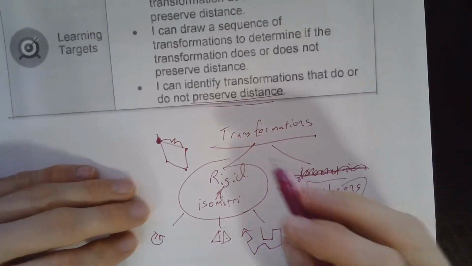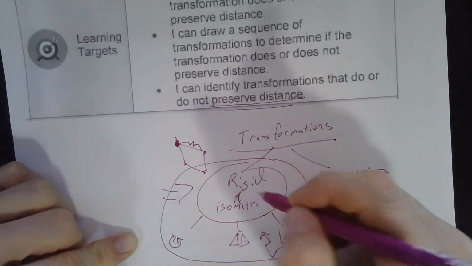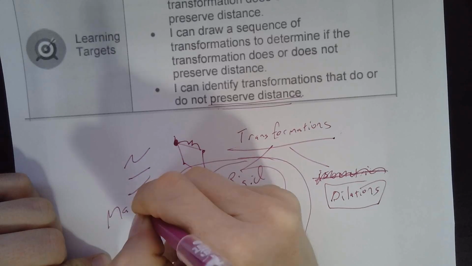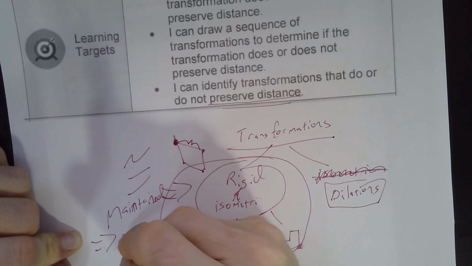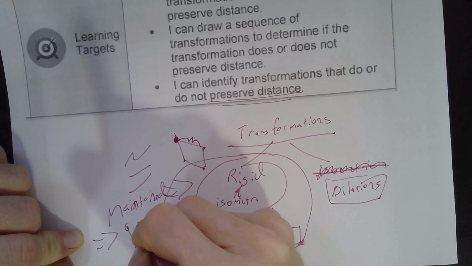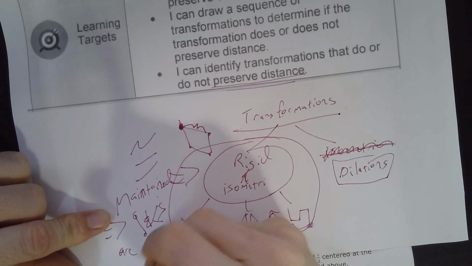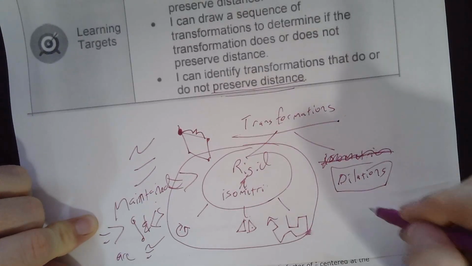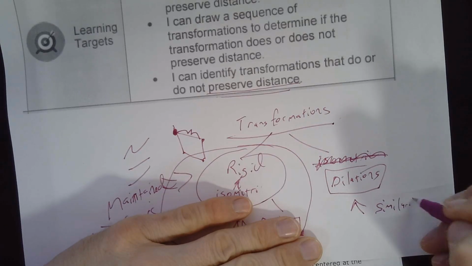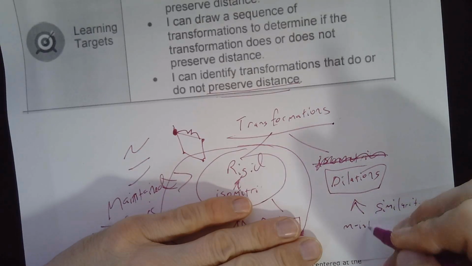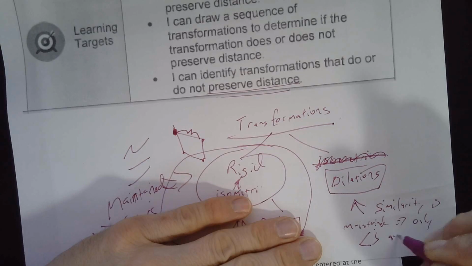Right? So when we do any of these, this maintains congruency. Therefore, line segment lengths and angles are congruent. With dilations, similarity is maintained. Therefore, only angle measures are congruent.